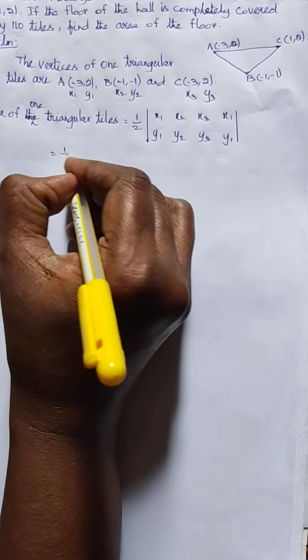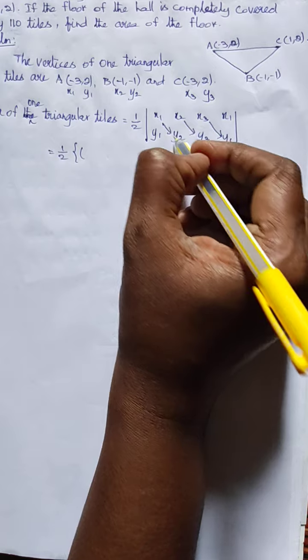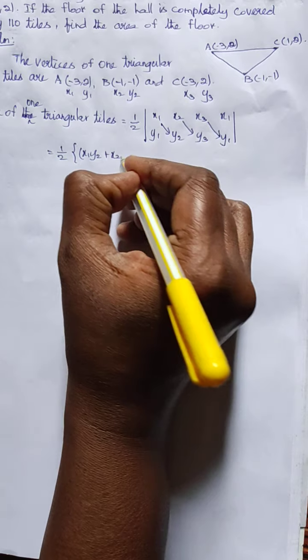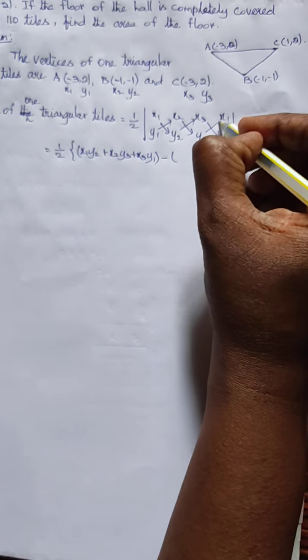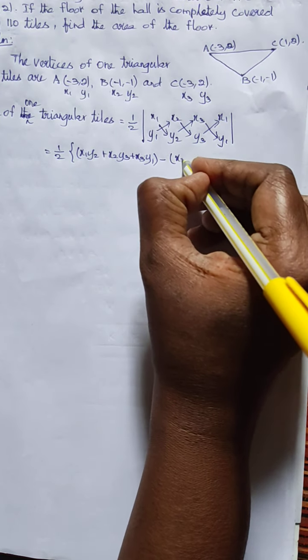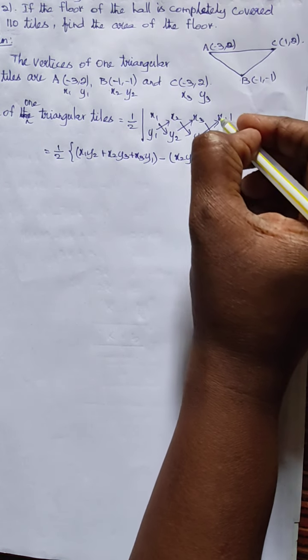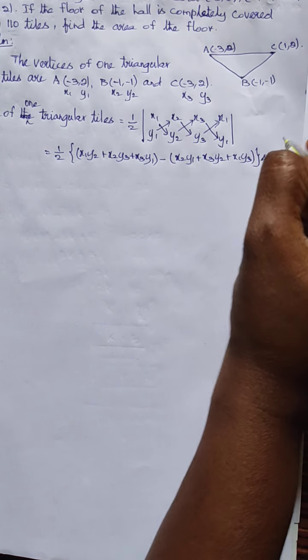That is equal to half into, first downward arrow, that is x1 y2 plus x2 y3 plus x3 y1 minus, again bracket, then upward arrows, x2 y1 plus x3 y2 plus x1 y3, square units.